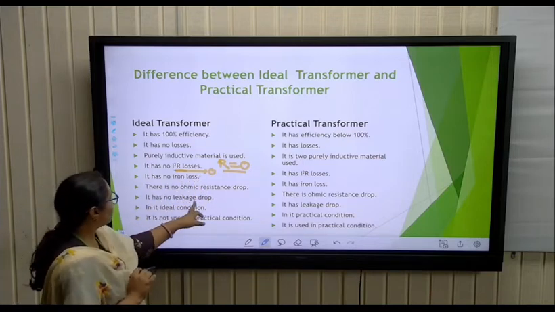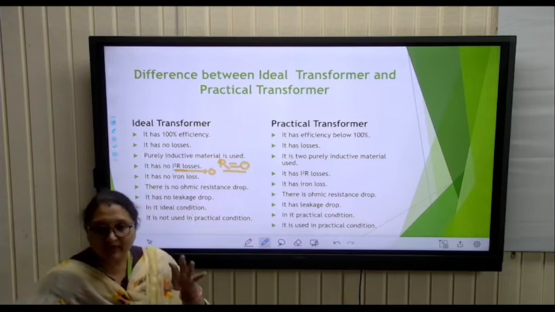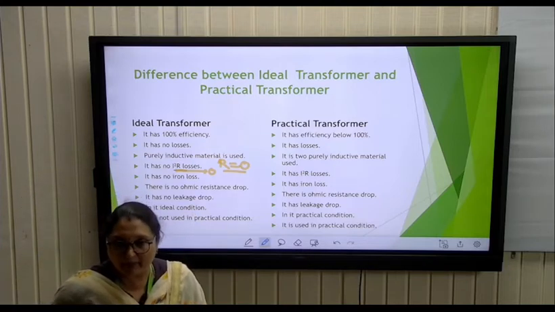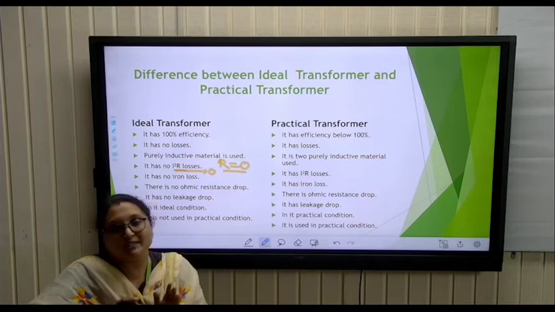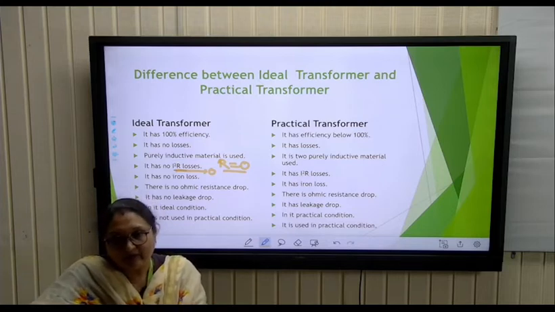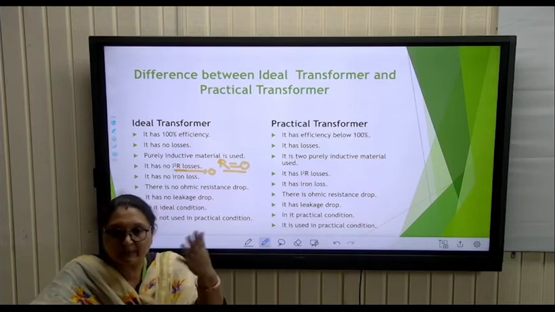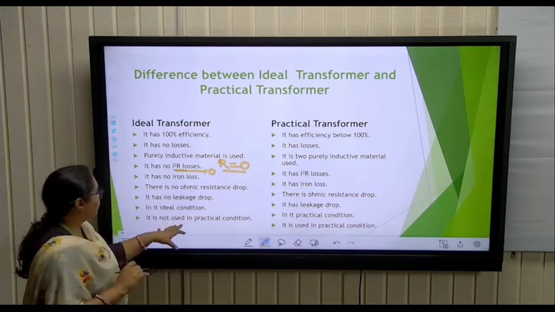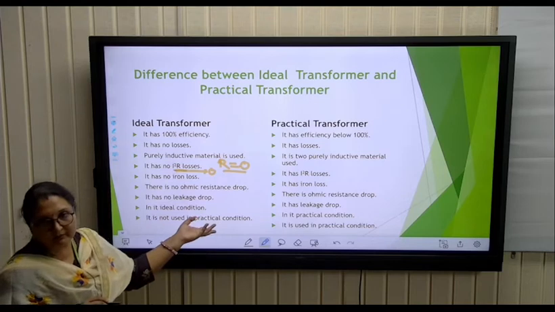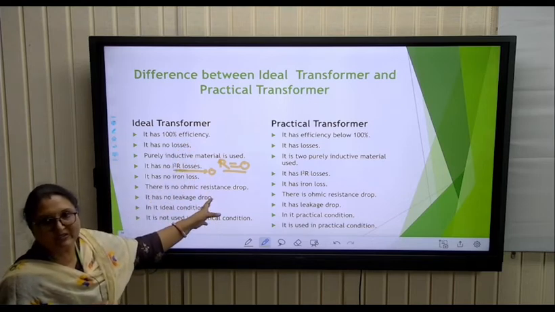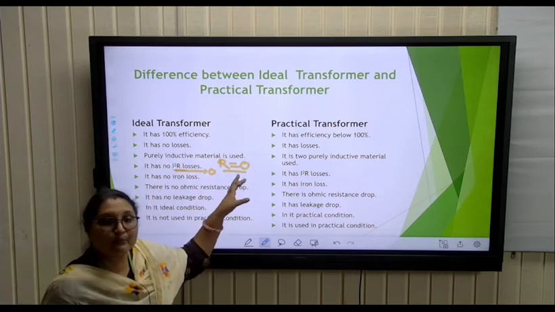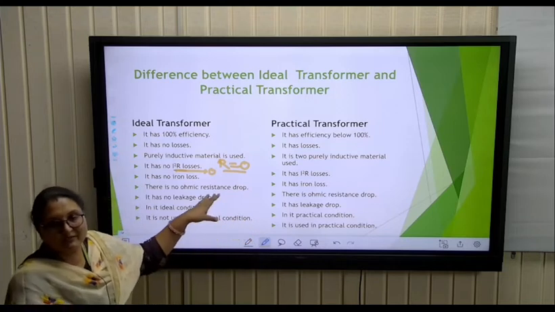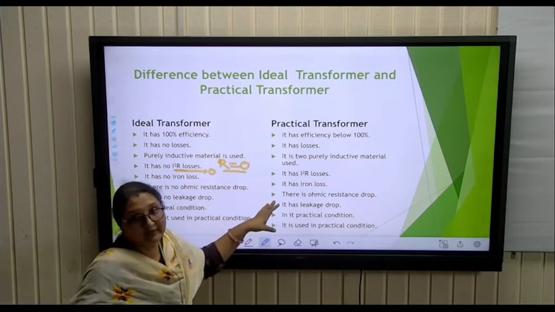Then no leakage drop. Leakage drop means that the whole amount of flux generated by the primary winding is going to link with the secondary side. We are not assuming that any flux is escaping from the core. So it is an ideal condition and is not seen in practical conditions. It is just an idealistic property of a transformer, which generally does not happen in the real world.